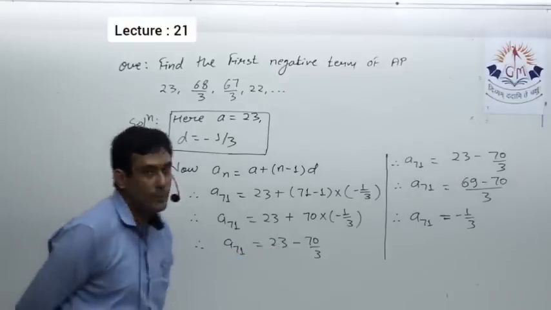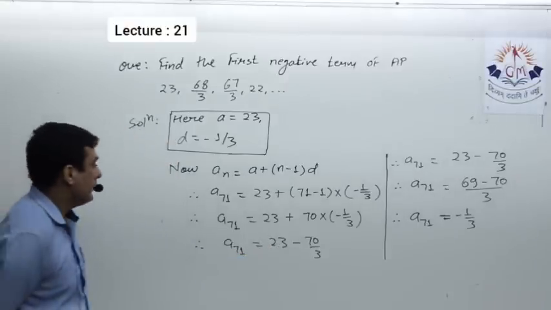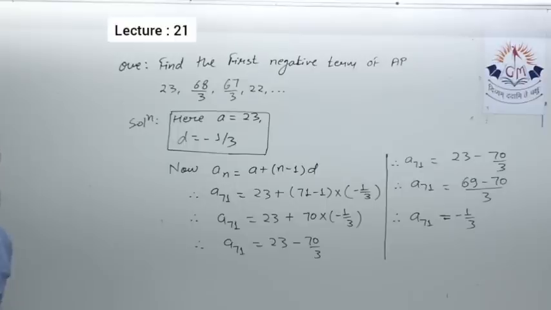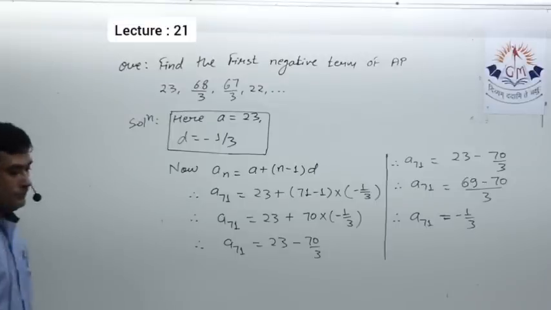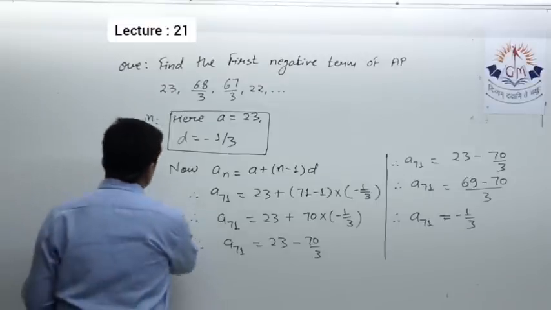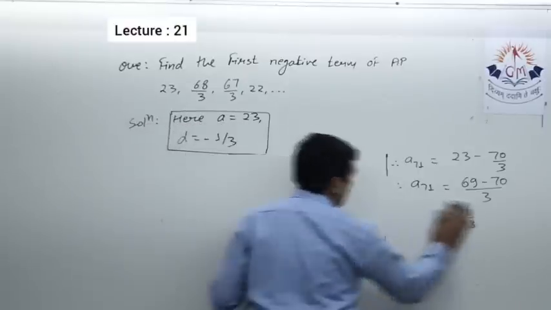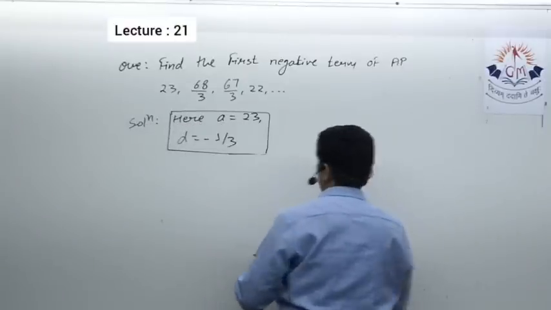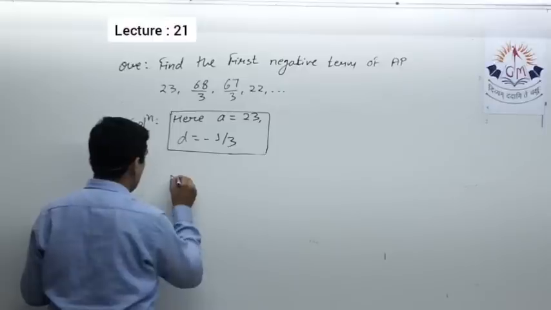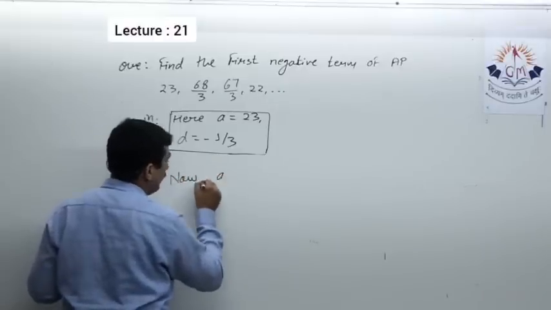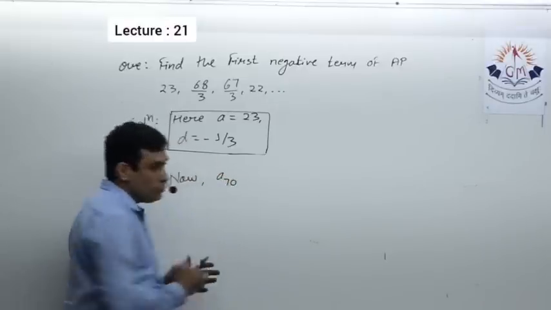However, it's correct, but still we do it for our confirmation. Now let us find A70. This is not part of the solution also, just to confirm.